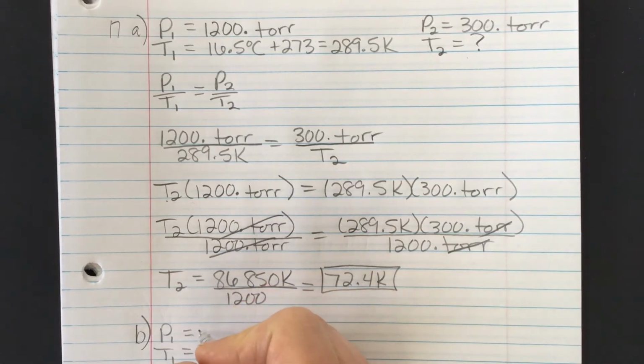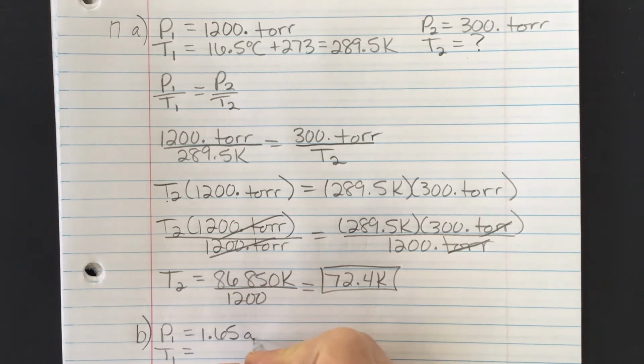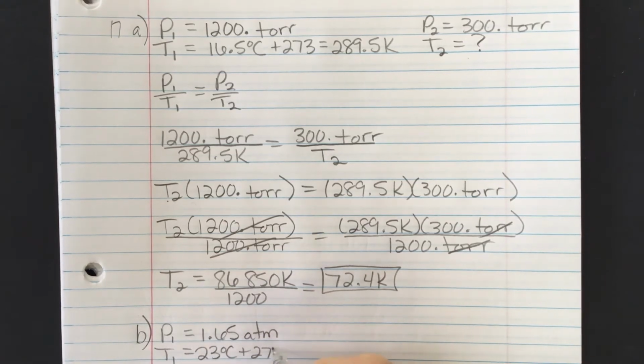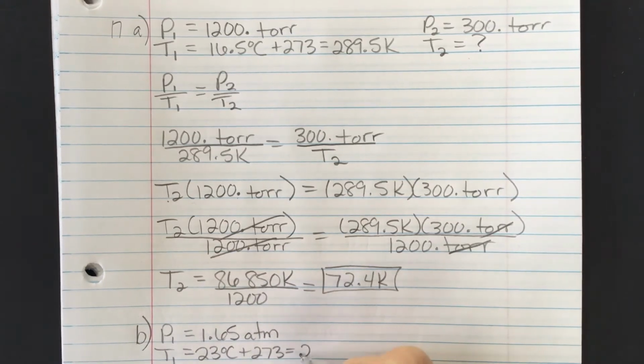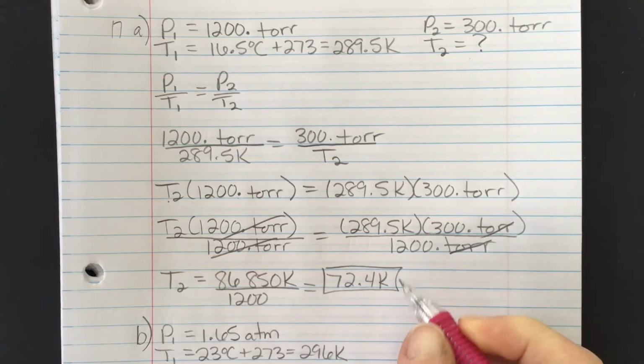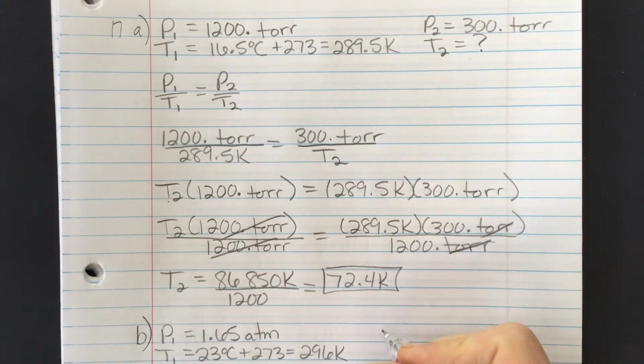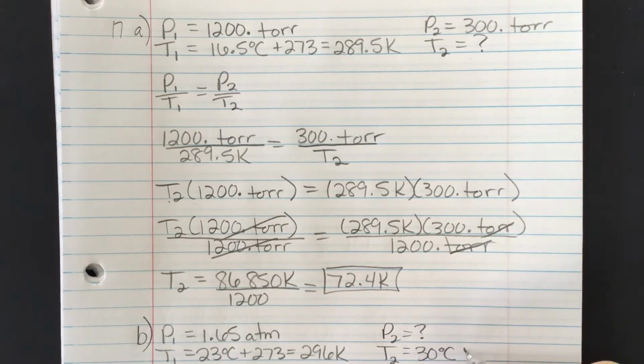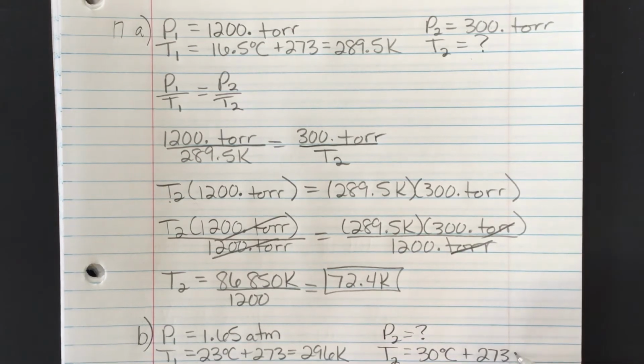My P1 is 1.65 atmospheres. My T1, 23 degrees Celsius, convert that to Kelvin, and I get 296 Kelvin. My P2 is what I'm after, and my T2 is 30 degrees Celsius. Convert that to Kelvin, and I get 303 Kelvin.